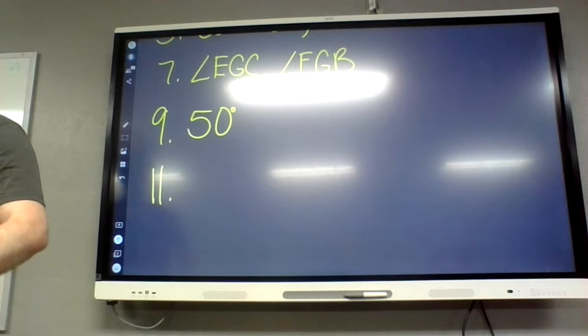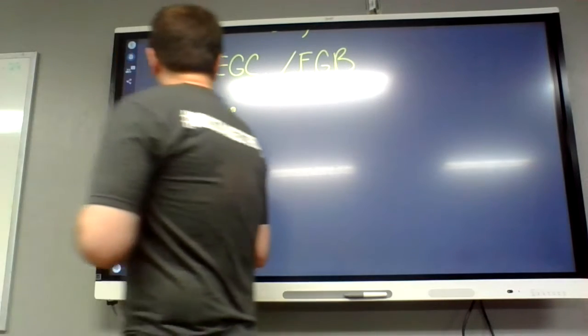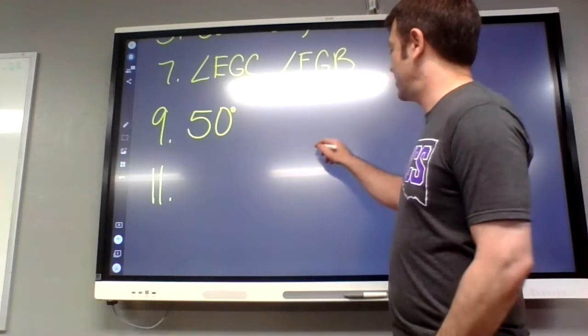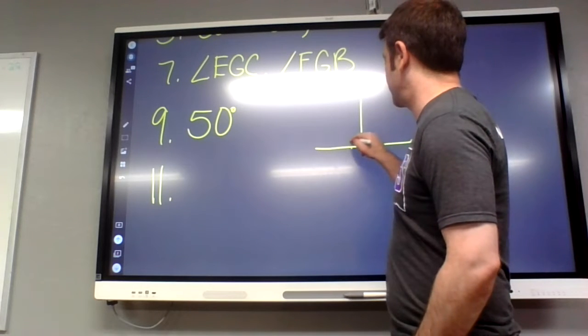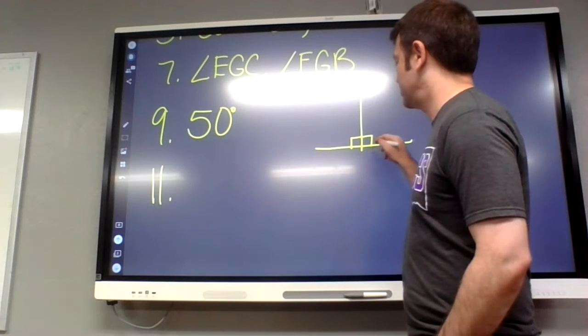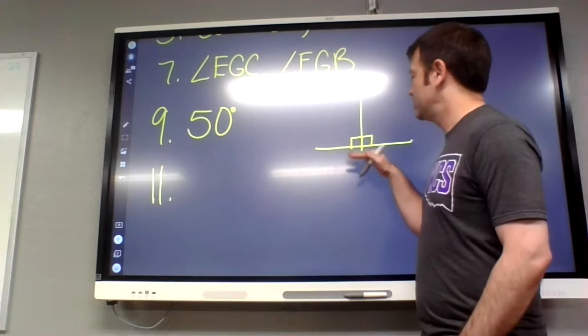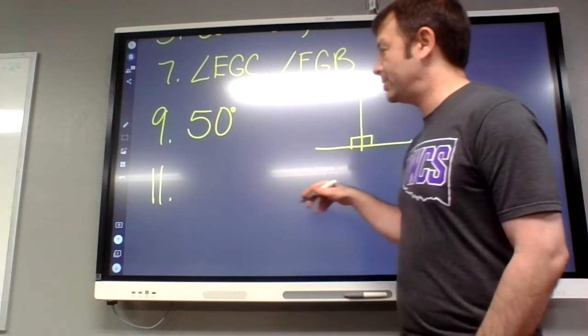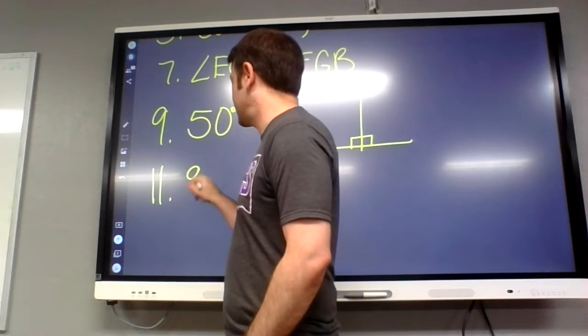When you have a 90-degree angle and it's in a linear pair, what does the angle right next to it have to be? 90, because 90 and 90 make 180, right? If one of these is 90, the other one right next to it has to be 90. That makes a straight line.